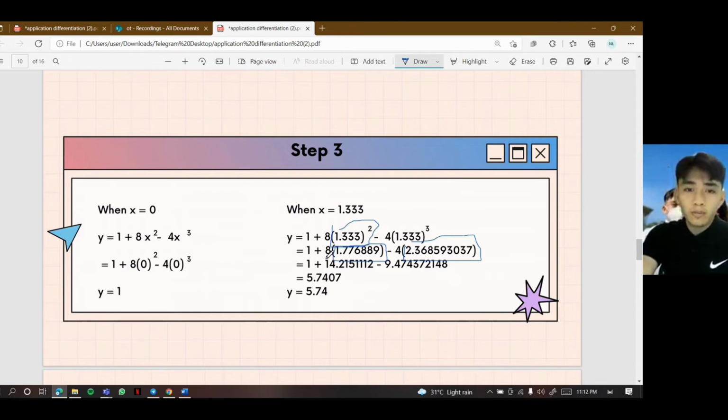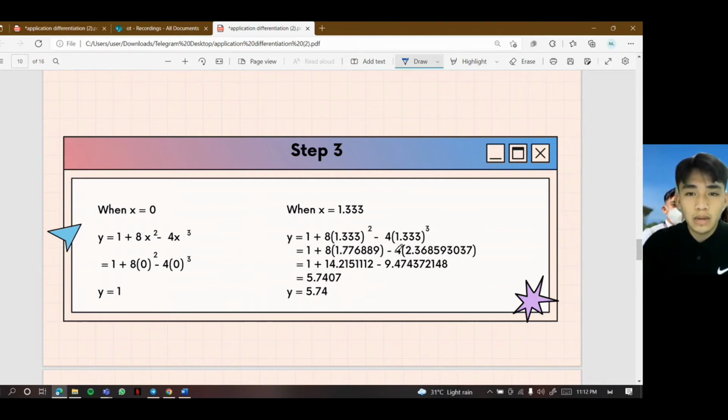This one we got from 8 times 1.77. This one we got at, we get is in 8 times 1.77, 6 at 9.